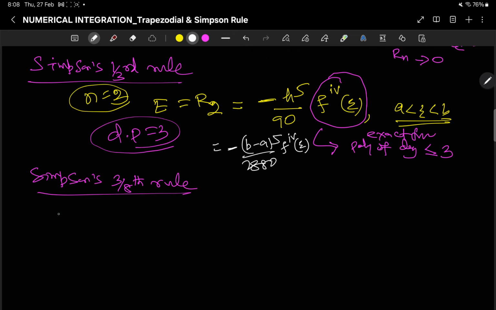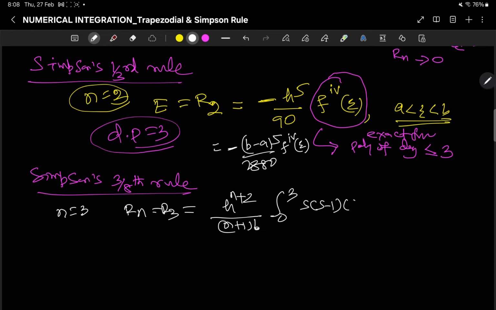So for Simpson's 3/8 rule, here n is equal to 3, and Rn equal to R3 will be what? h to the power n plus 2 divided by (n plus 1) factorial, integral 0 to 3 of s into s minus 1 into s minus 2 into s minus 3, times the fourth derivative of f at zeta, ds.